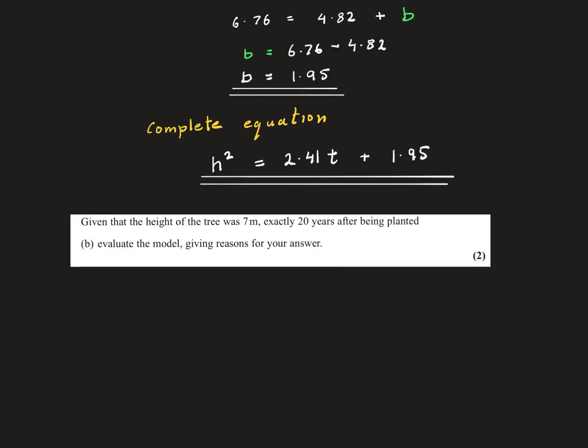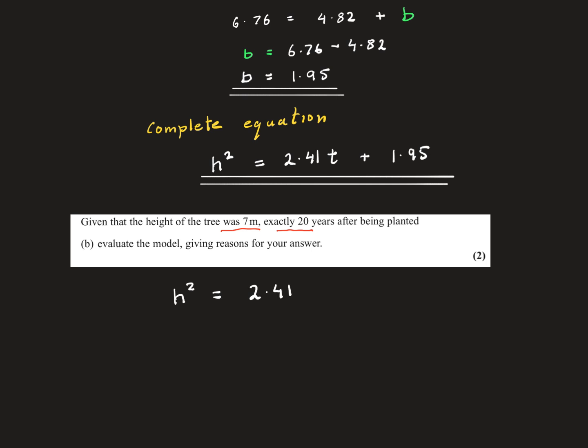Now the last part is, given that the tree was 7 meters, exactly 20 years after being planted, we can evaluate this model and find out whether indeed the height of the tree will be 7 meters. So let's try and find out what would be the height after 20 years.